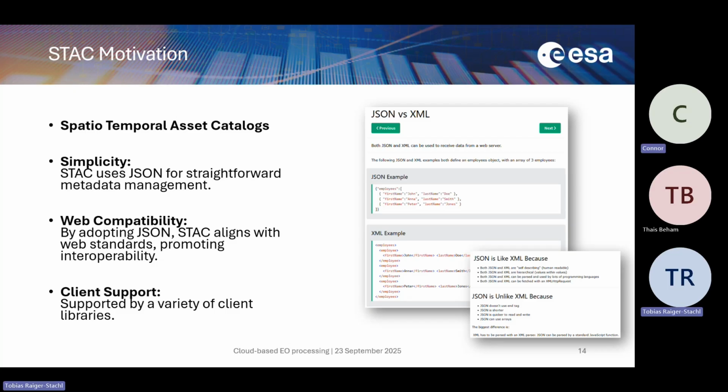So it's straightforward to use. You have compatibility with web standards, and a wide variety of clients can already read JSON. It is just widely used, and therefore STAC is compatible and interoperable.